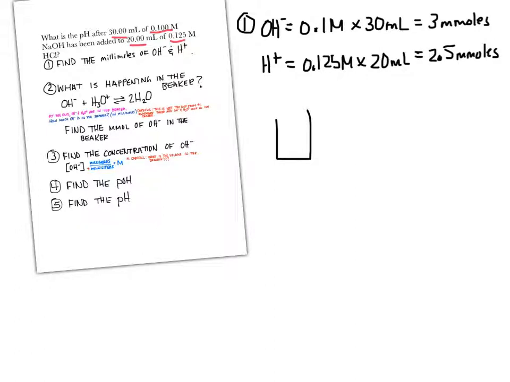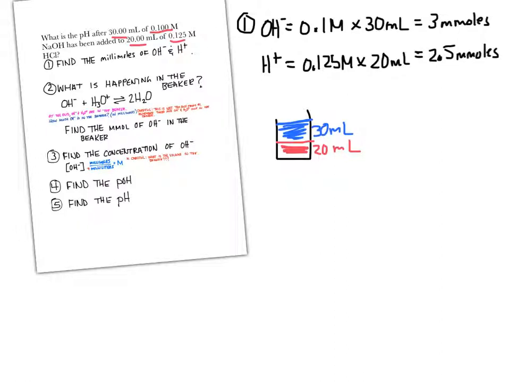So in our beaker, we have 20 milliliters of acid, and then to that, we're going to add 30 milliliters. So this is our beaker when we're done. We're going to add 30 milliliters of base. So what's going to happen with the acid and base, especially with regards to the moles? That's what you want to think about.